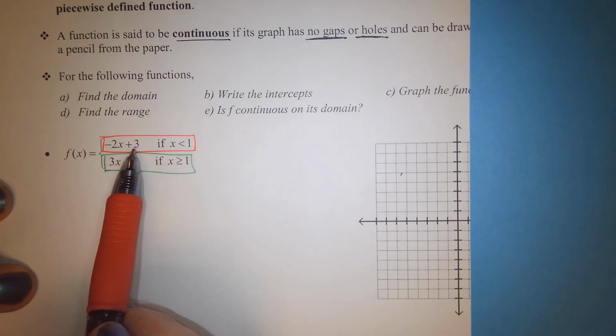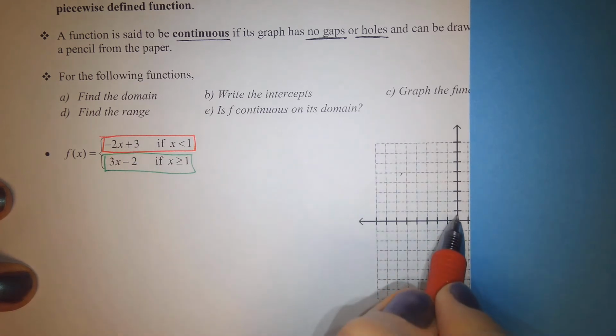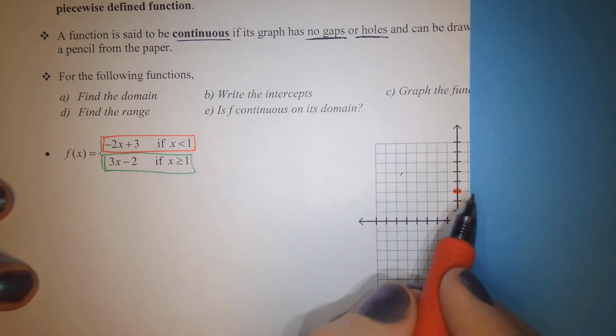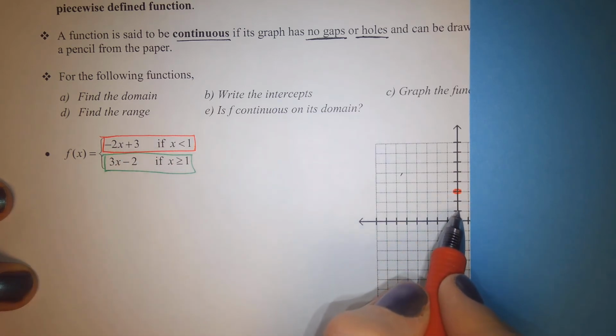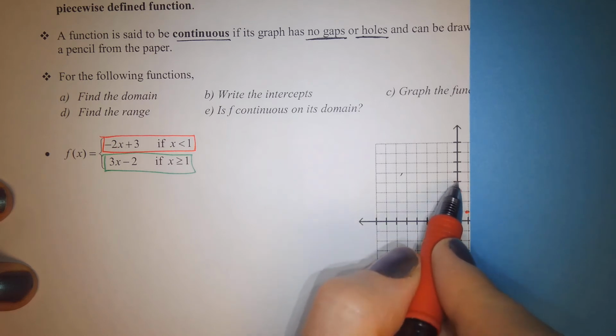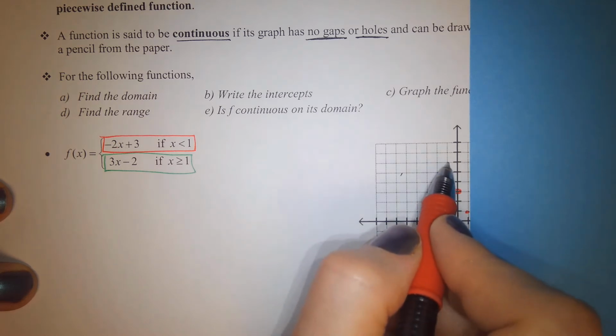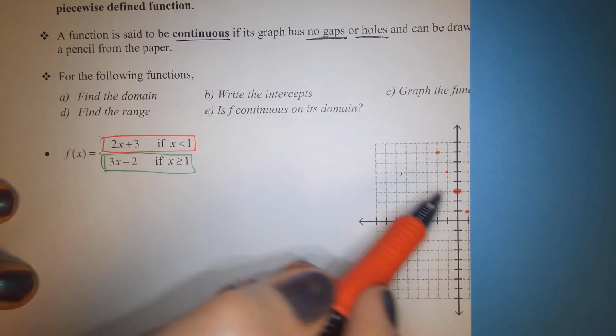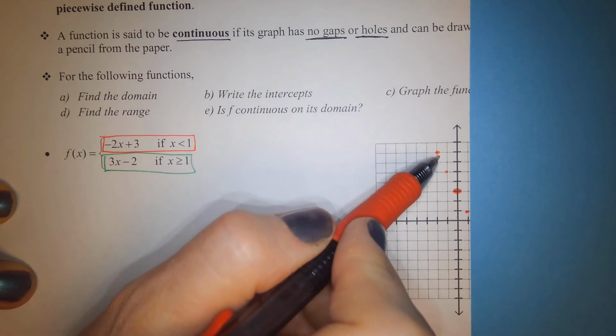This line has a y-intercept at 3 and a slope of -2. So that's down 2 to the right 1. Or I could go up 2 to the left 1. So you can see that this is going to be a straight line. I'm going to connect these pieces together.